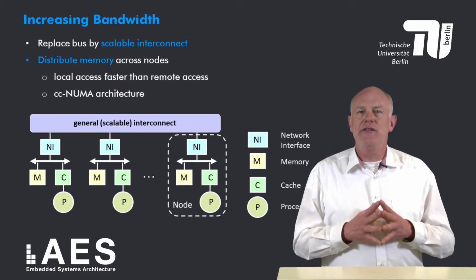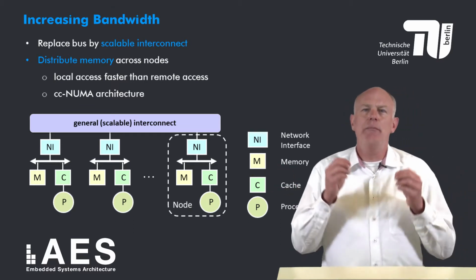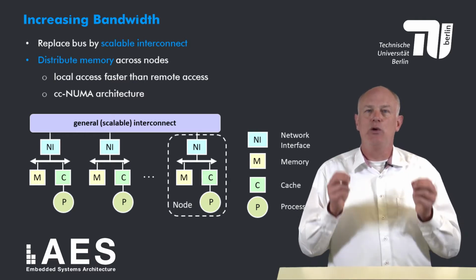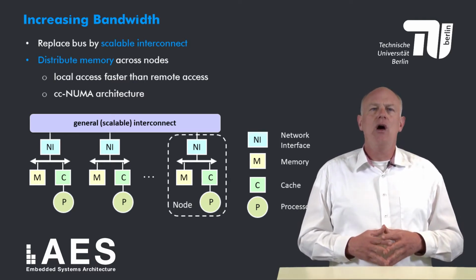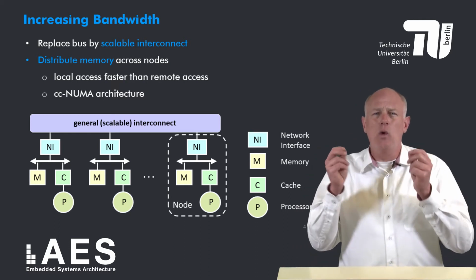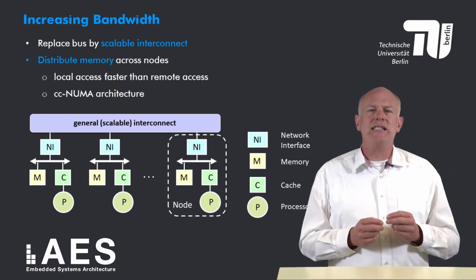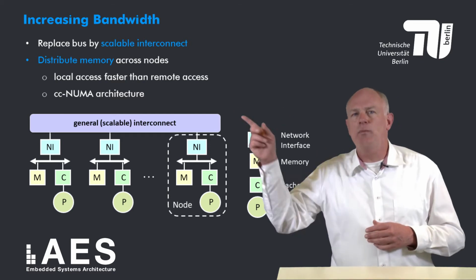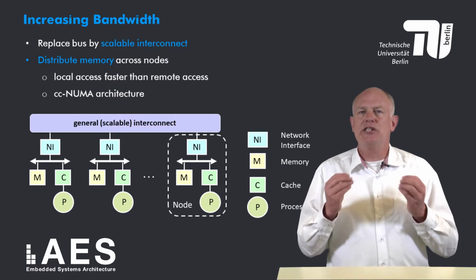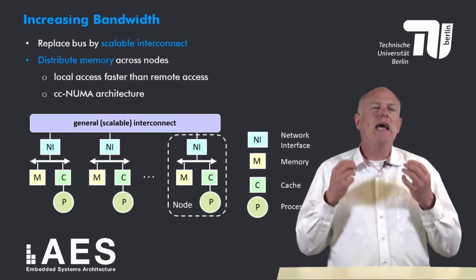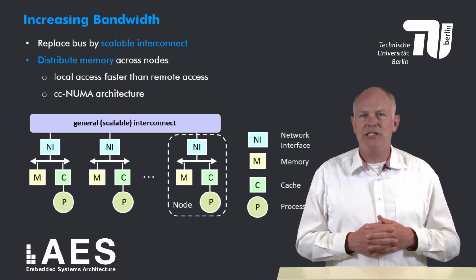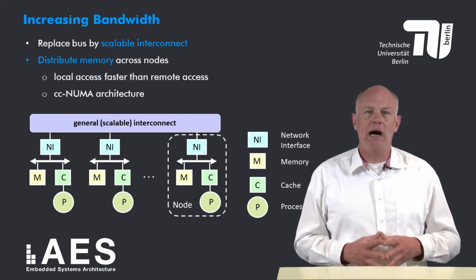In such an organization, as shown here, the memory is distributed, which is why it is called a distributed shared memory system. Furthermore, in such a DSM system, an access to the local memory will be much faster than an access to a remote memory. For this reason, such systems are also called cache-coherent non-uniform memory access architectures, or CC-NUMA.